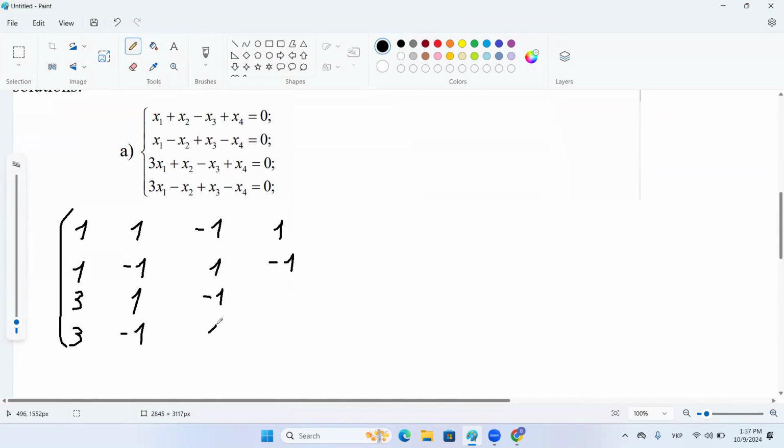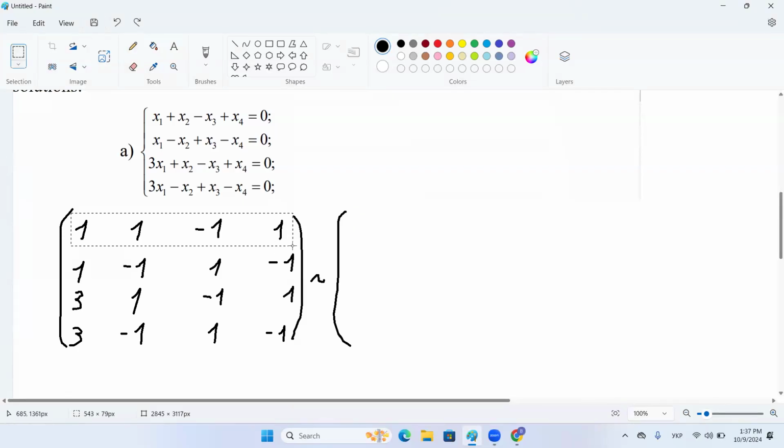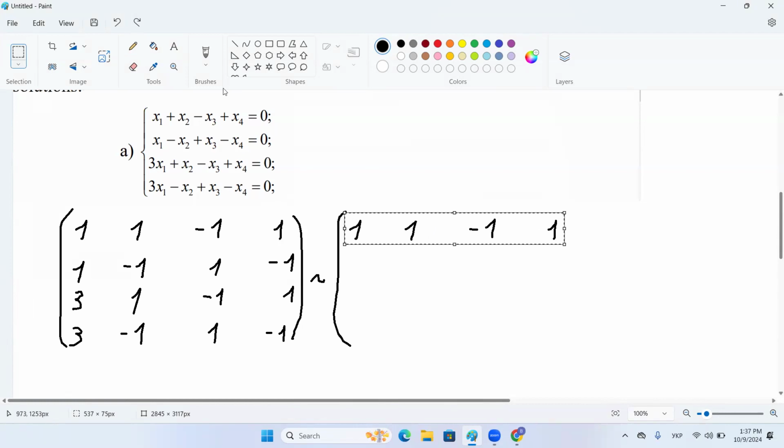Now we will just use the Gaussian elimination method. So let's copy and paste. Here we just set zeros.